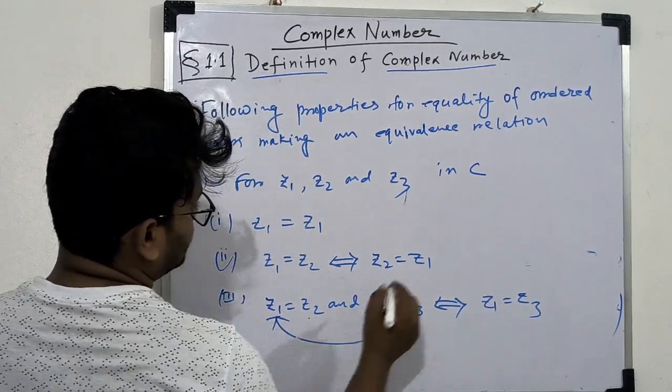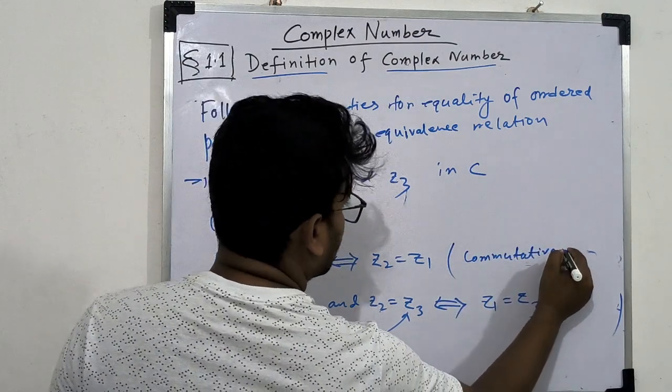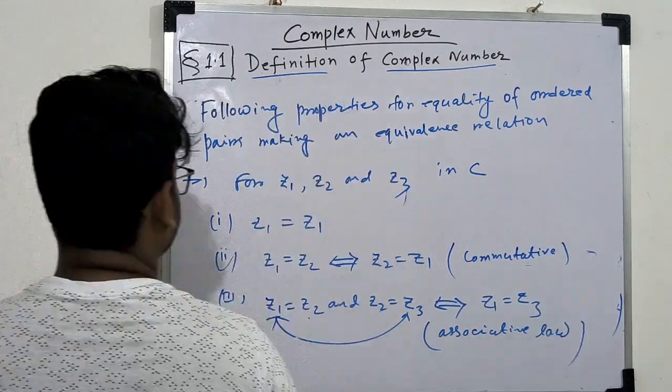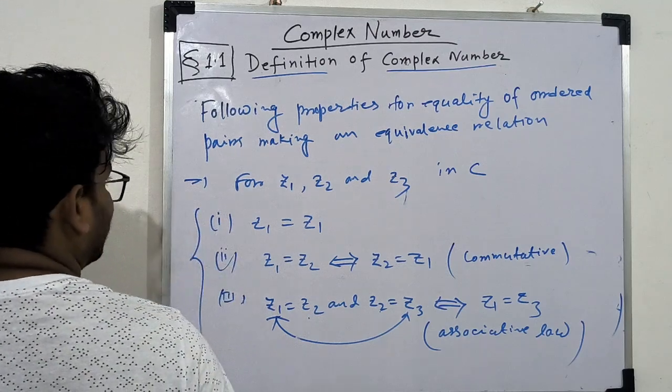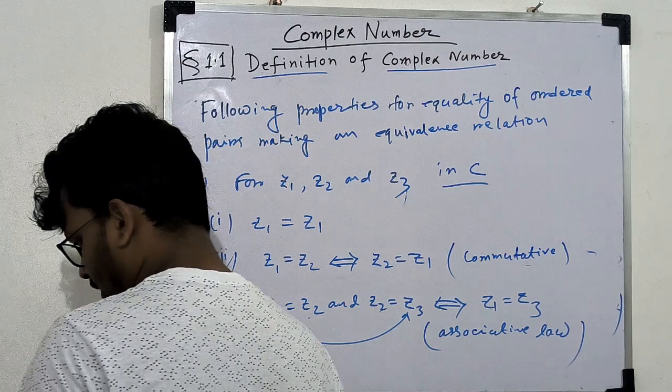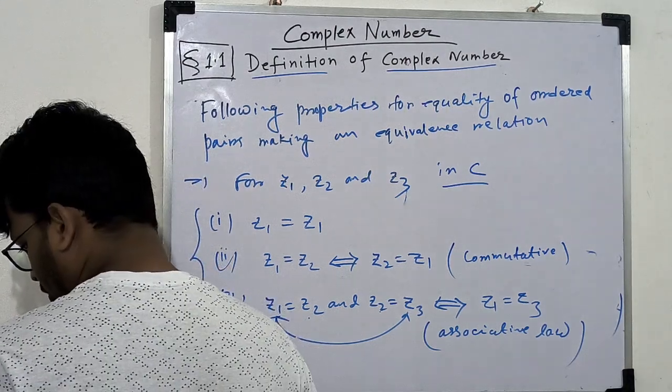So this is called the commutative law, and this is called the associative law. So if this happens, then we say an equivalence relation occurs between pairs in C.